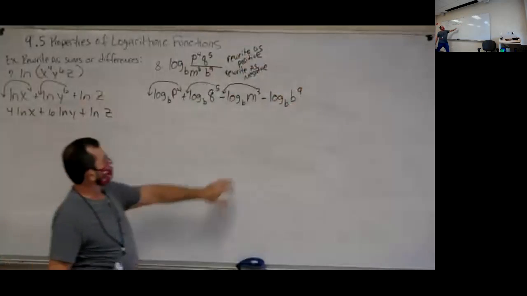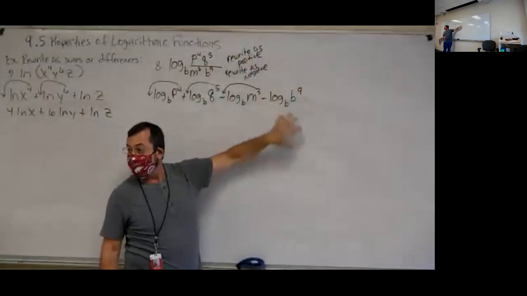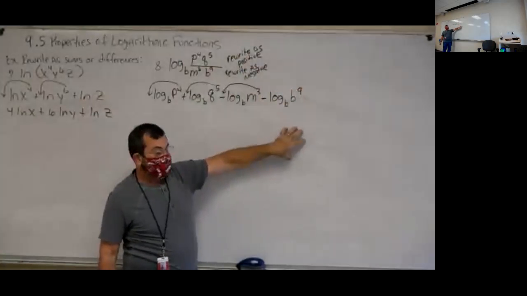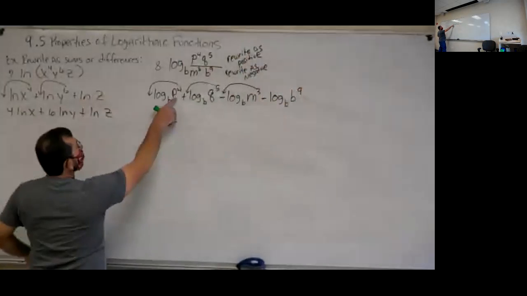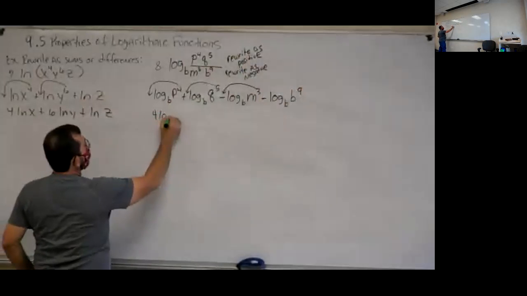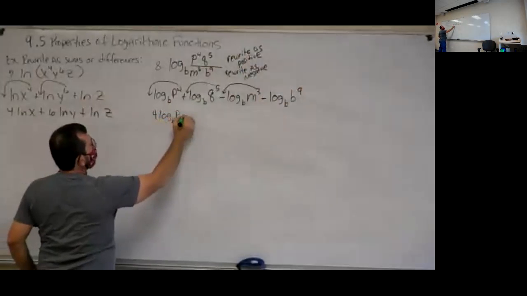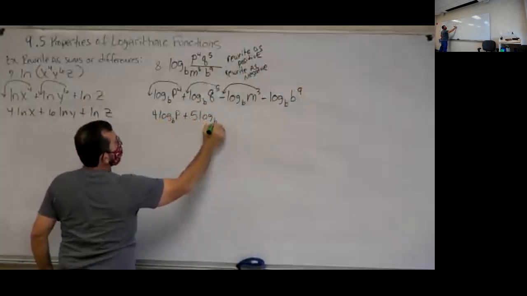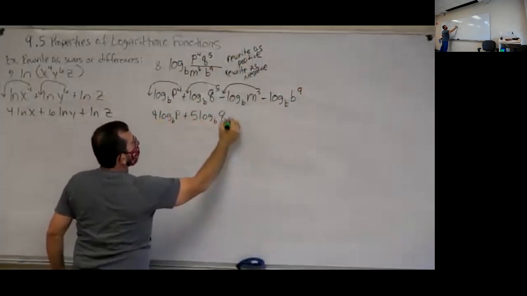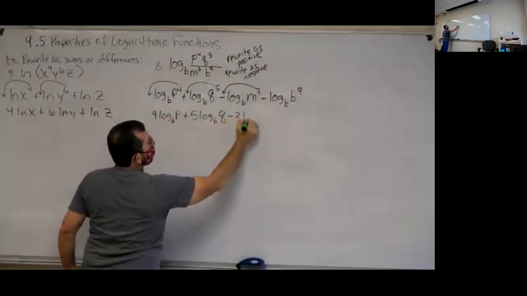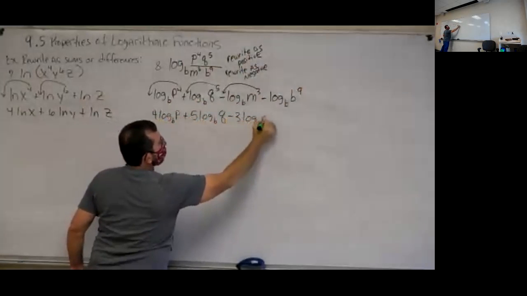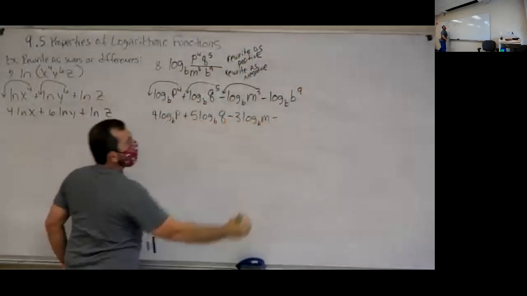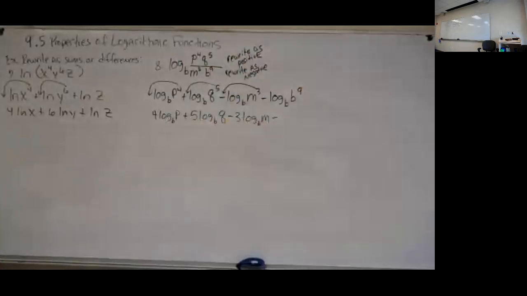Because these are the ones where I had log base a of a to the x equal to x. Okay? So this will give me 4 log b of p plus 5 log b of q minus 3 log b of m minus 9.